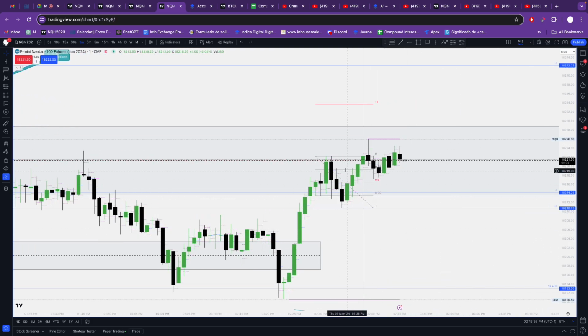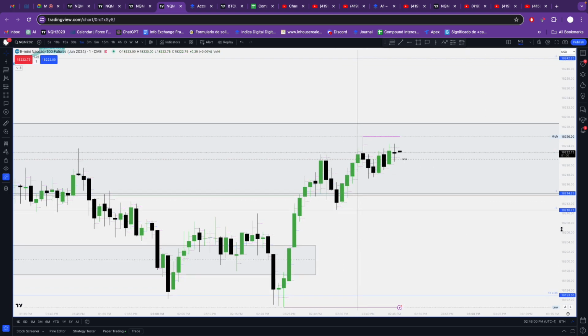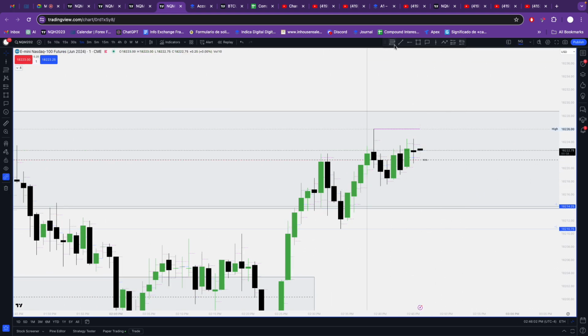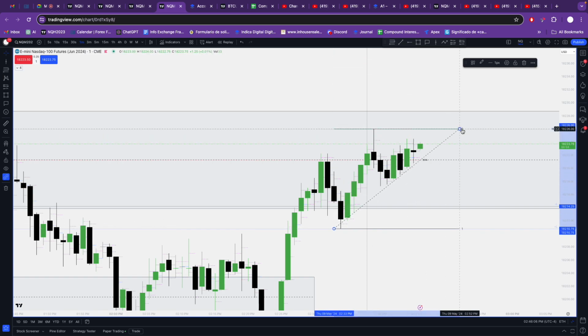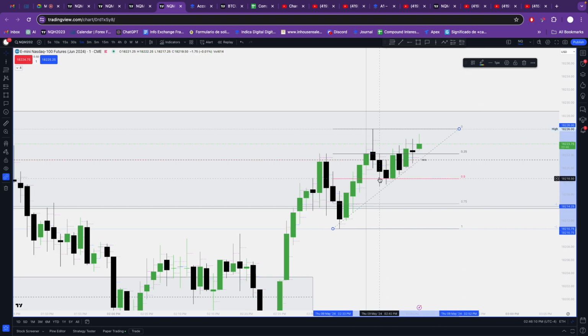I was looking at that one, but it's this one right here, from here to here. And notice how we come to equilibrium of this range, and now we're moving up.